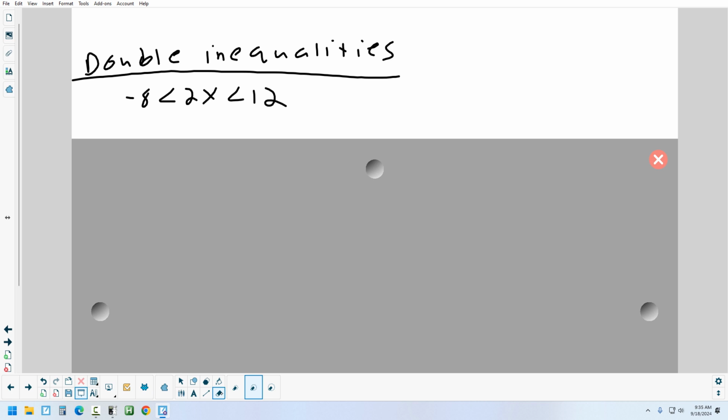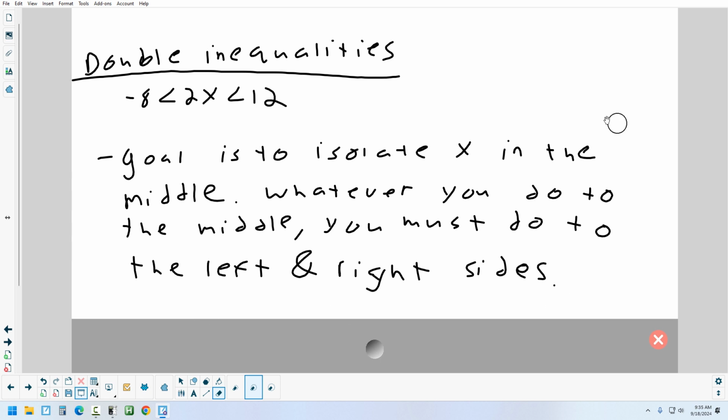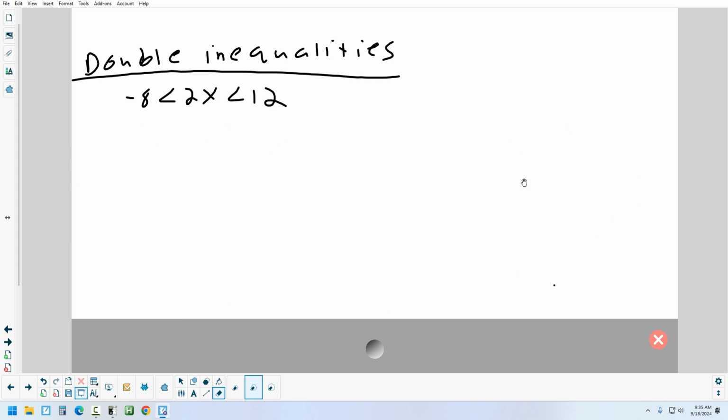So I'm going to reword what I have here, because the method that I had on the board right there won't work nicely all of the time, especially if you have x's in multiple spots, not just in the middle. So with a double inequality, break it into 2 problems.